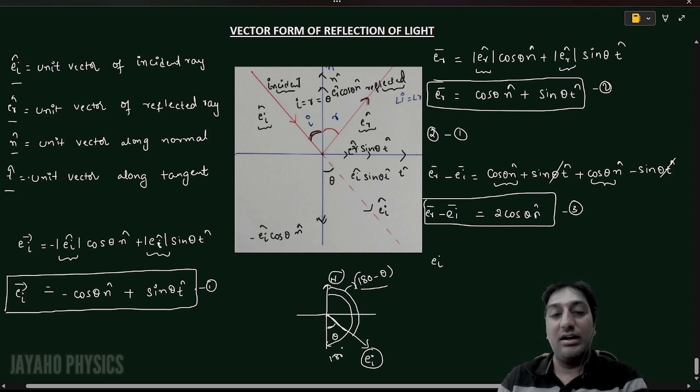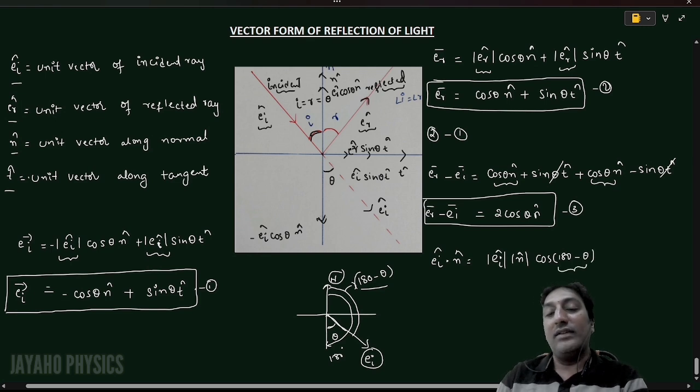So here I can take E_i cap dot n cap is equal to a bar dot b bar. What is the formula for it? That is the mod of a bar, mod of b bar followed by cos theta. So mod of E_i cap, mod of n cap, followed by cos of 180 minus theta.